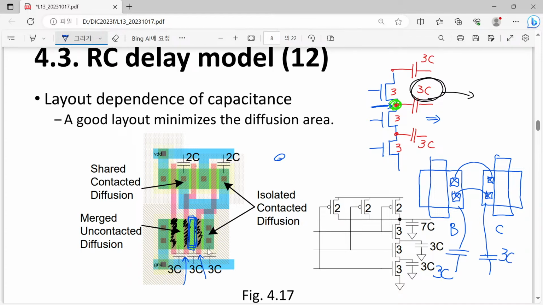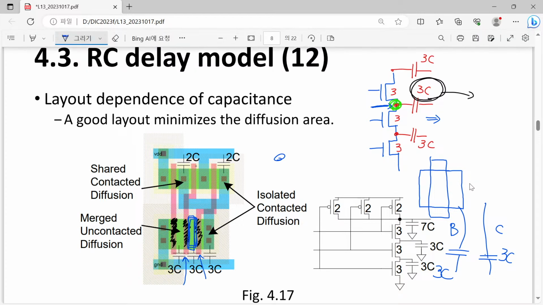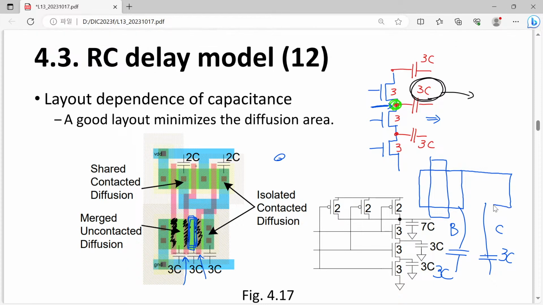However, in reality, if you go to the real layout of this transistor, actually they are merged into just one. So instead of this kind of redundant implementation, they just introduce a longer diffusion layer and just introduce another gate.